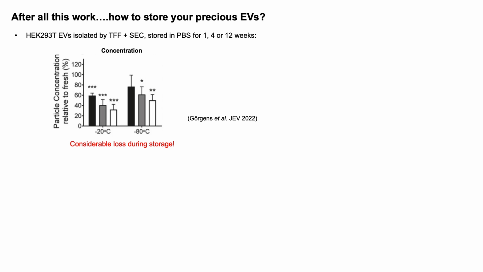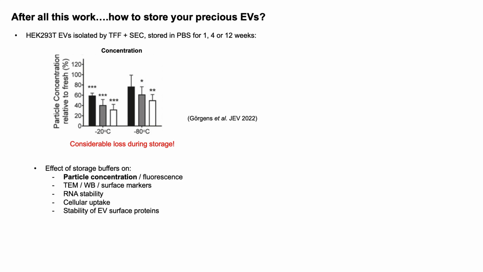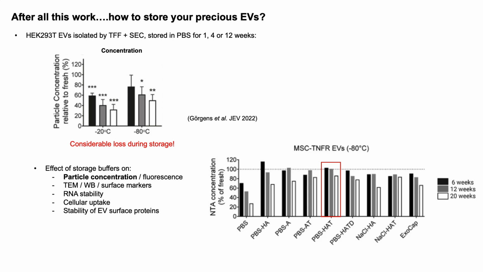So when you've gone through this entire process of EV isolation, how do you store your precious EVs? So this is the recent paper by André Görgens in JEV showing that EV concentration drops considerably during storage at -20 and even -80 degrees. And in this paper he compared various storage buffers on particle concentration and many other parameters.